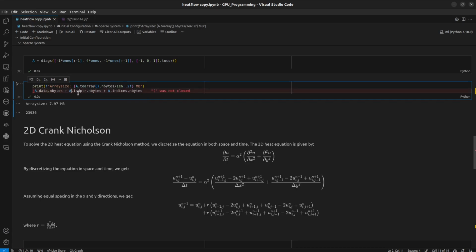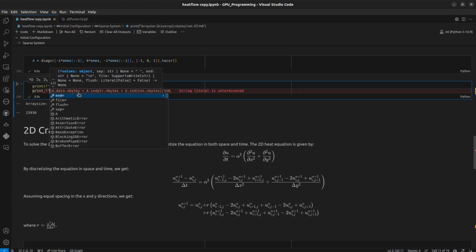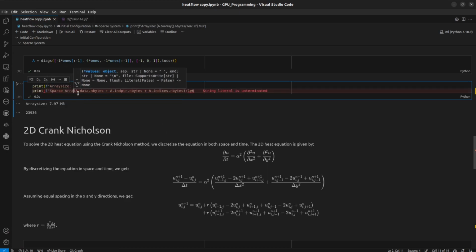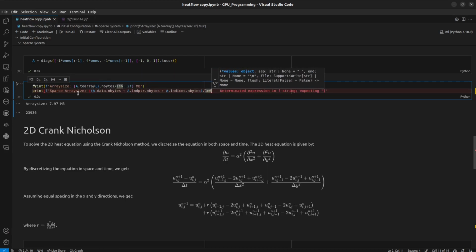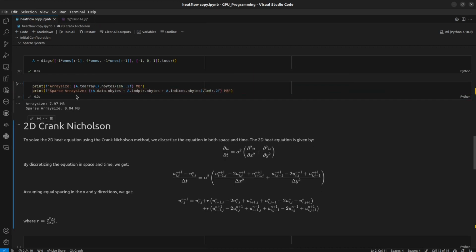Okay, again we want to convert it to megabytes. And here you can see it's way smaller.